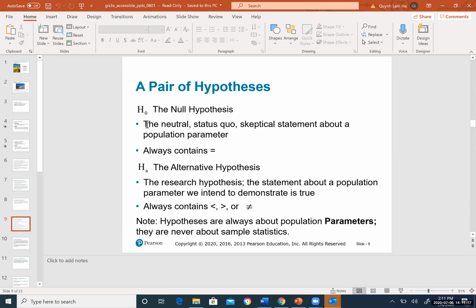So here they said the null hypothesis tends to be a neutral, status quo, and skeptical statement about the population parameter. And this null hypothesis all the time will contain an equal sign, which means when you state the null hypothesis from the story, from the question, you will write H naught equal to a fraction or percent or a decimal number.